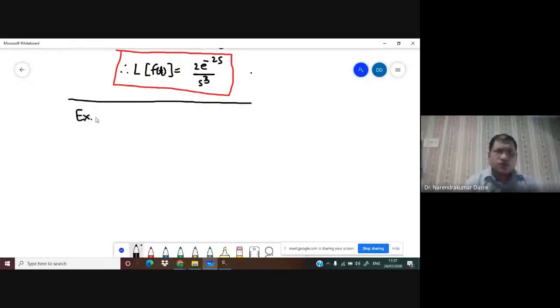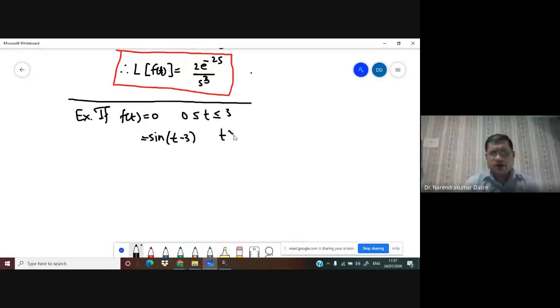If f of t is equal to 0 for 0 less than or equal to t less than or equal to 3, and this is equal to sine of (t minus 3) when t is greater than 3, then find the Laplace transform of f of t.